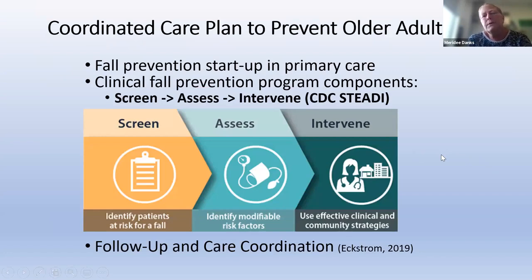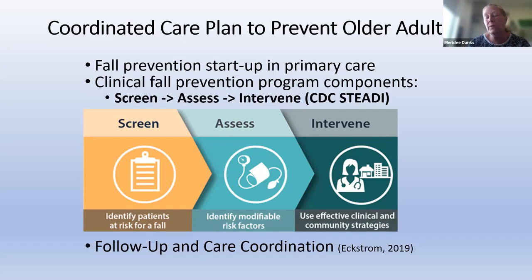So one avenue you can look at for ideas for prevention is the CDC website, which has, like I said, the STEADY program. It's a fall prevention startup program for primary caregivers. It goes through components of screening the person to identify the patients at risk of fall.